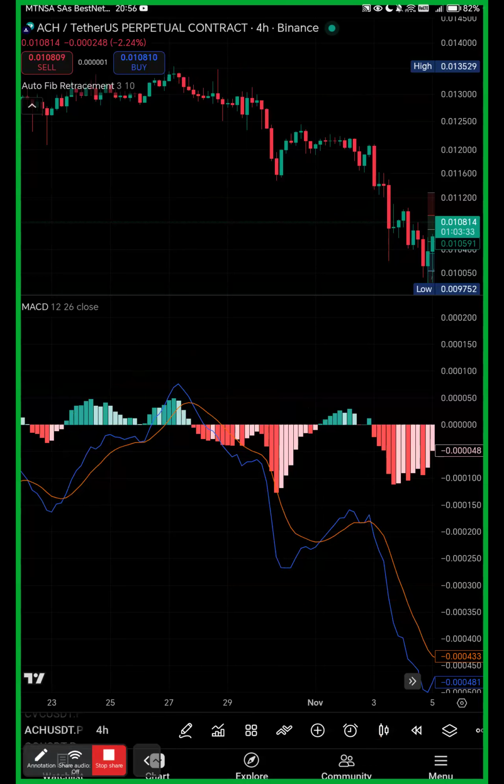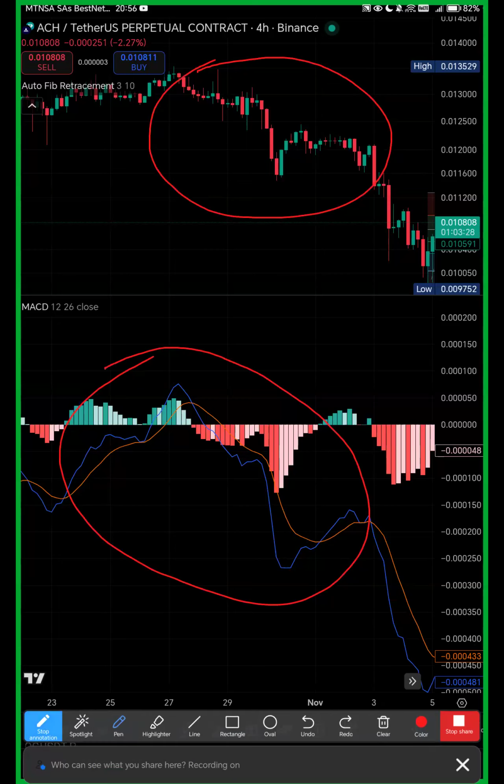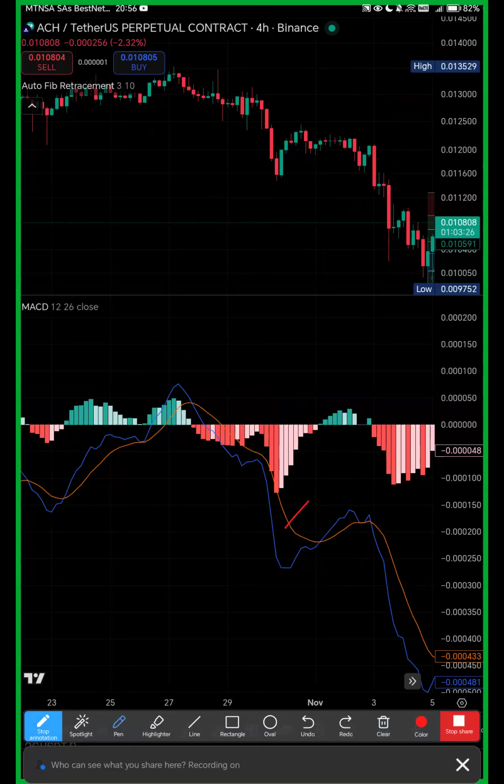Okay, so here is the signal line over here, which is the orange line. This one is the signal line. And we do have the MACD line, which is the blue line. So these two lines, they move. The blue one is a 12 moving average.